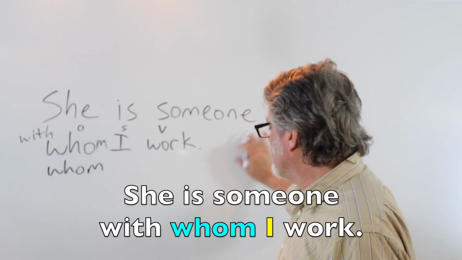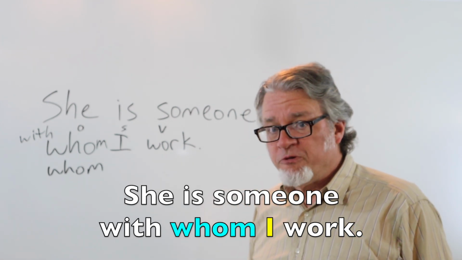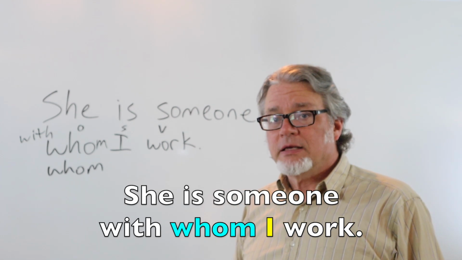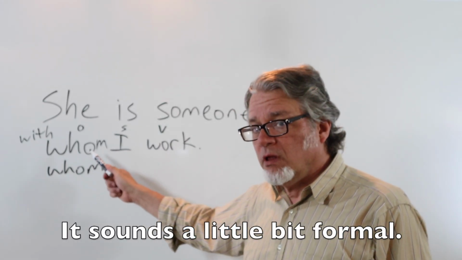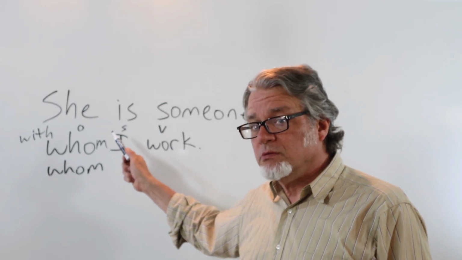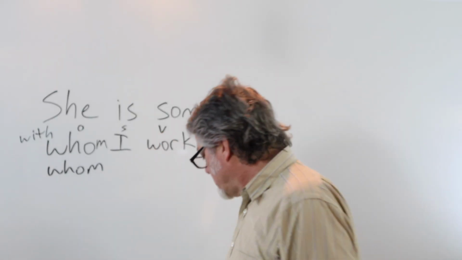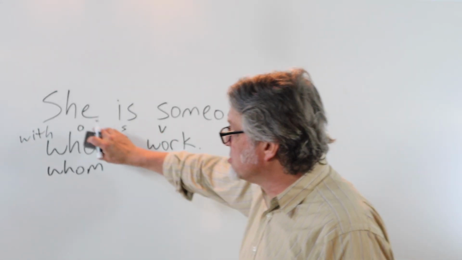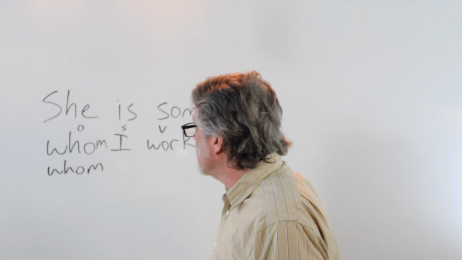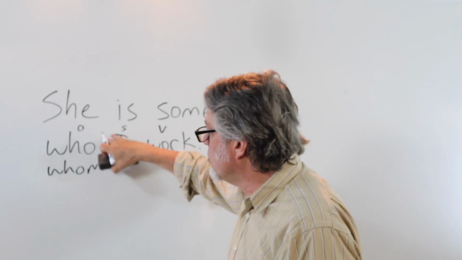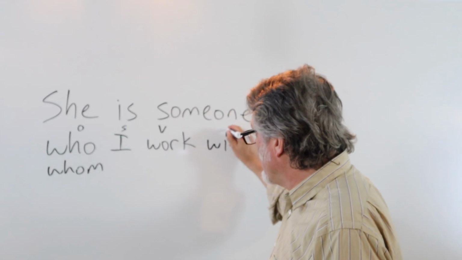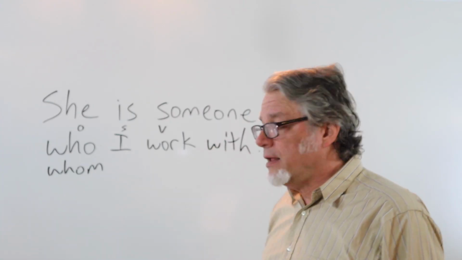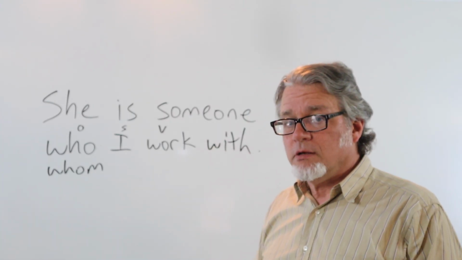So that is 100% correct English, but it sounds a little bit formal, and most people don't use it. So we can go back to the original and say, she is someone who I work with. And that sounds pretty good.